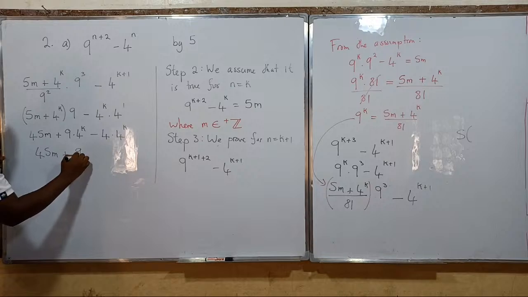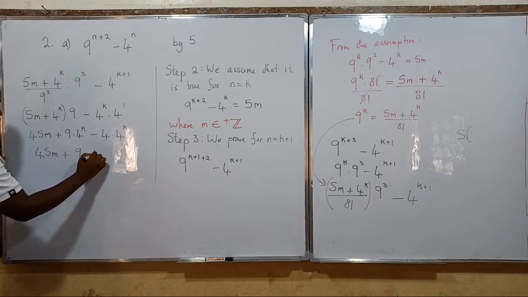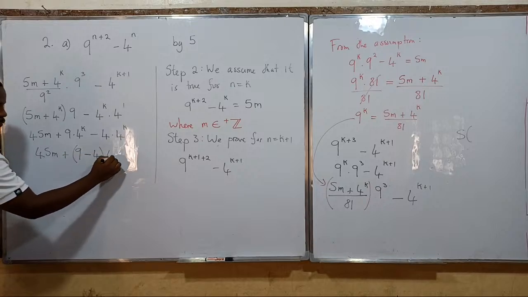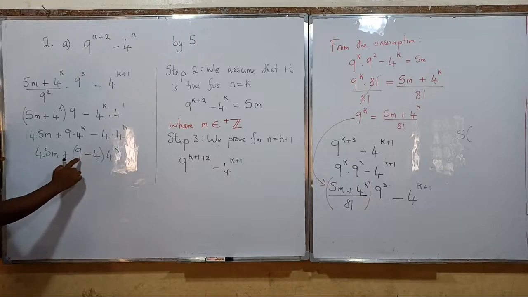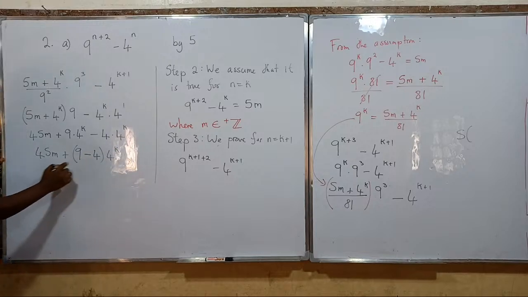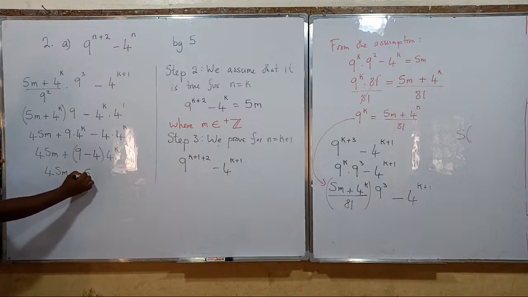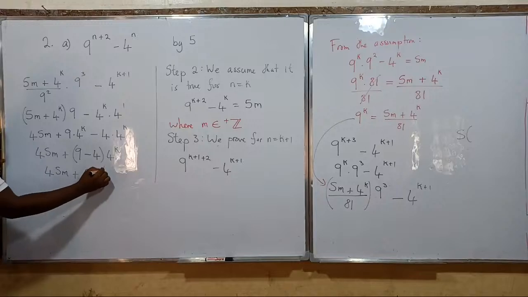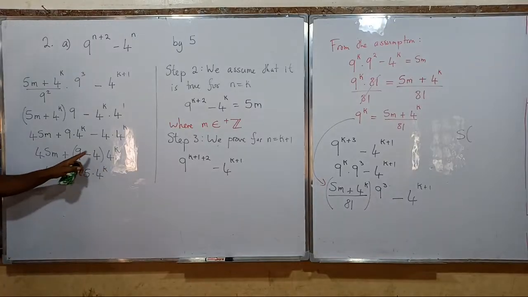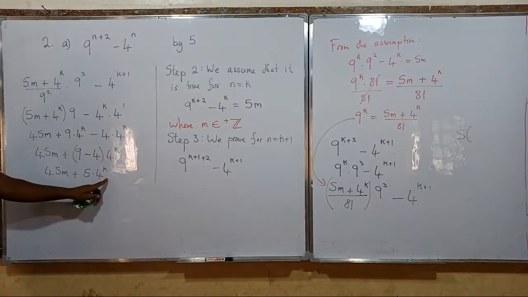What remains? 9 minus 4. What do we factor out? 4 to the k. What is this minus this? 5. So 45m plus 5 times 4 to the k. Remember, this minus this is just 5 times 4 to the k.